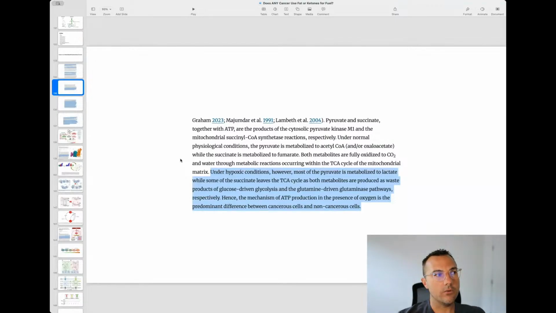What Seyfried is saying here is that under low oxygen conditions, most pyruvate is going to be fermented to lactate. Pyruvate is the end product of glycolysis. And some of the succinate, the end product of the fermentation of glutamine, leaves the TCA cycle as a metabolite. These are produced as waste products of glucose-driven glycolysis and glutamine-driven glutaminolysis pathways, respectively. Hence, the mechanism of ATP production in the presence of oxygen is the predominant difference.